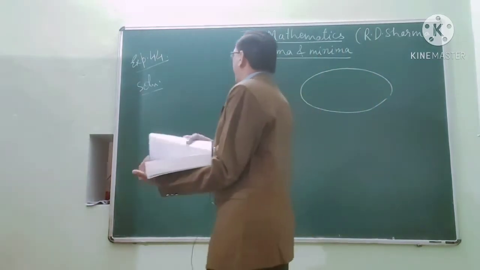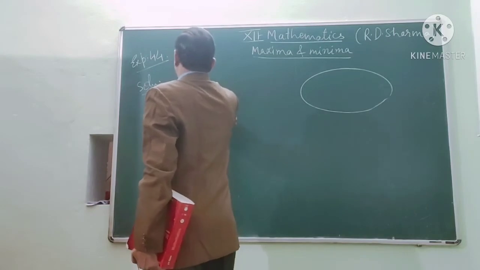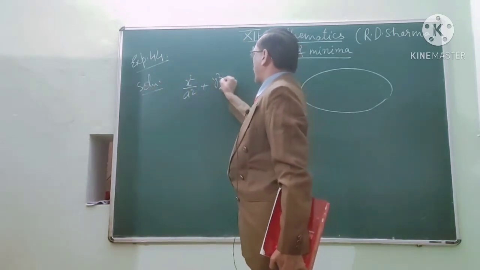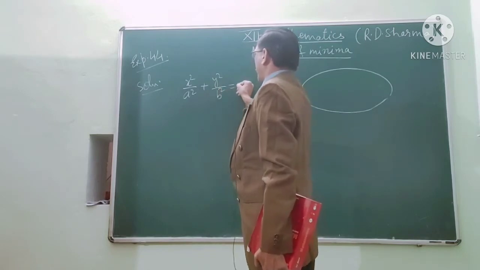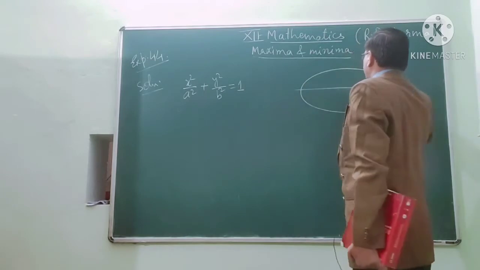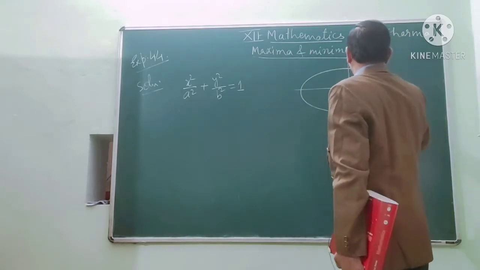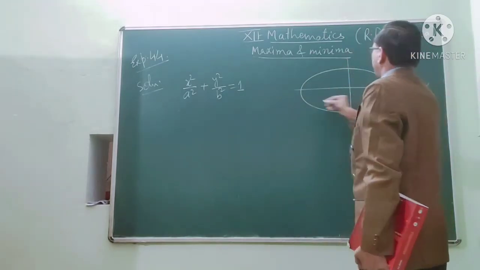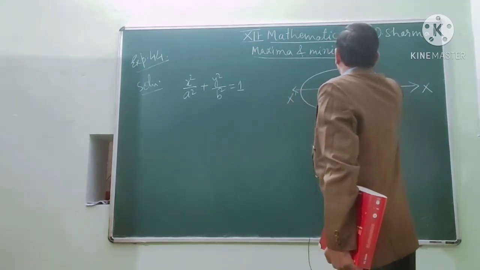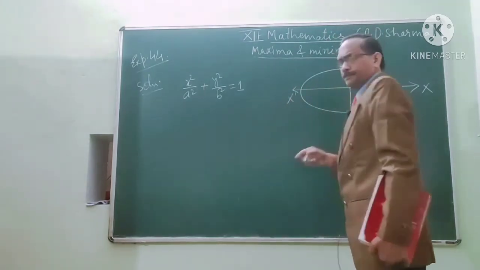Student, let the given ellipse be x square upon a square plus y square upon b square equal to 1. This is the ellipse. Its major axis is 2a, along the x-axis.